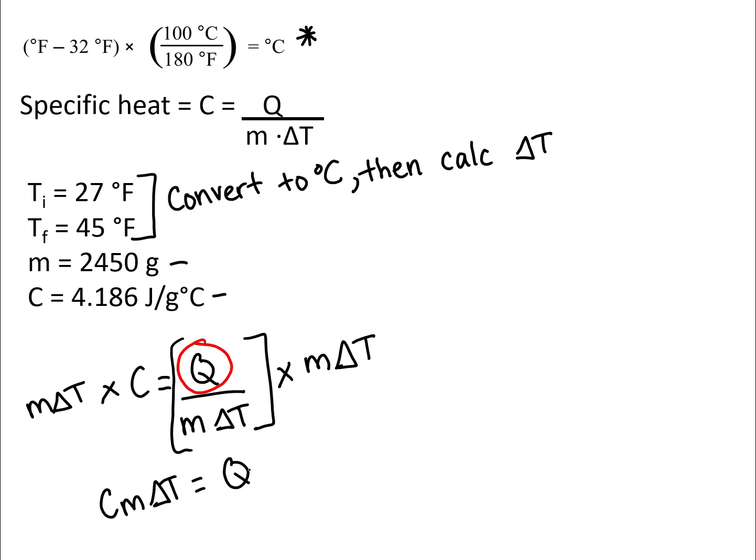And I'll go through and give you some of the answers so that you can still kind of go through and do it yourself. So when you're doing the temperature conversions, your initial temperature, you're going to do 27 minus 32, and then take that, multiply by 100, divide by 180.